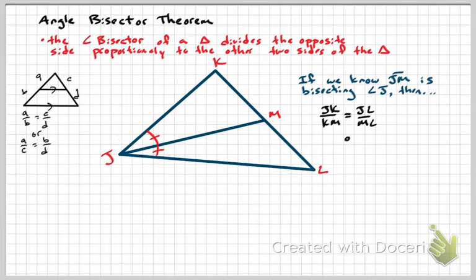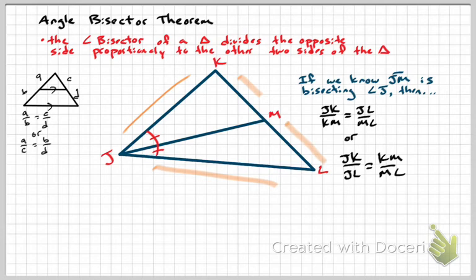So JK to KM, if I'm sticking on the same side of my angle bisector, and JL to ML, sticking on the same side over there. Or I can cross the angle bisector and talk about corresponding sides, JK to JL, KM to ML. Notice that I'm putting it in the same order, top, bottom.